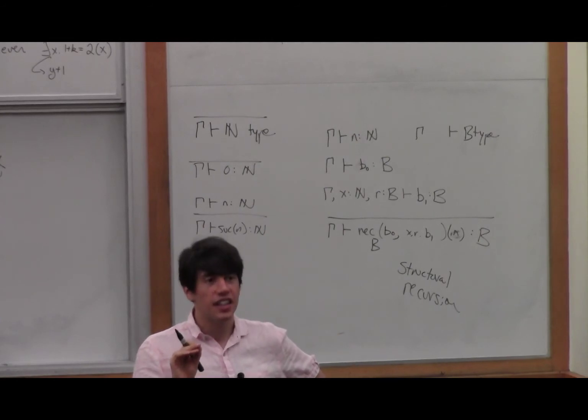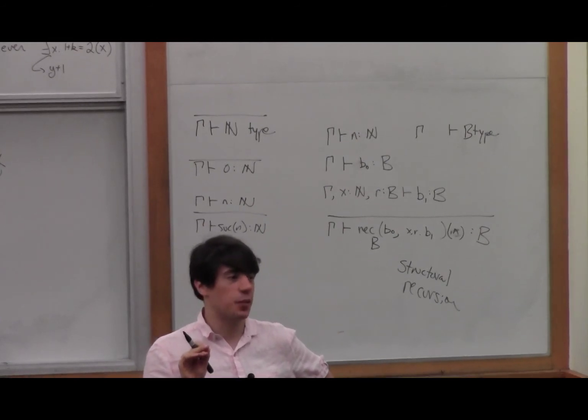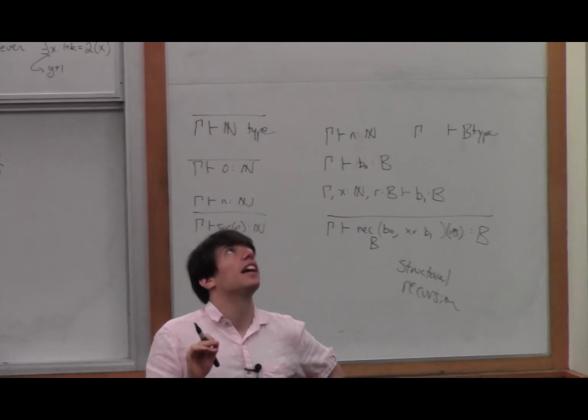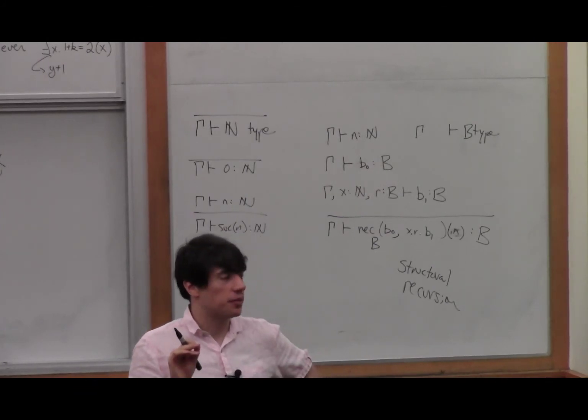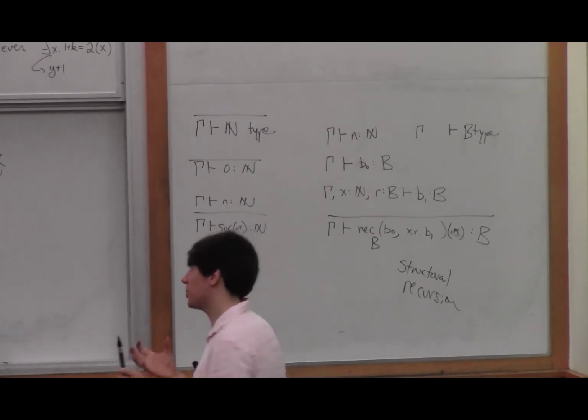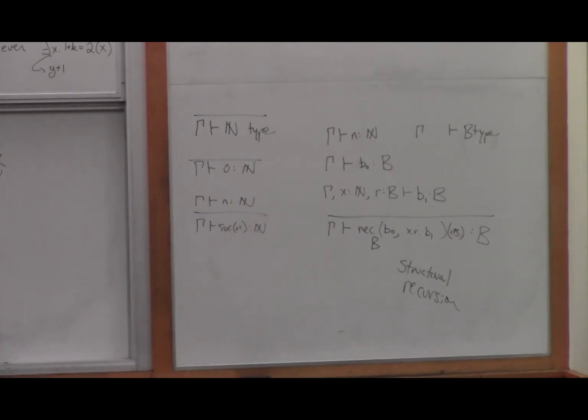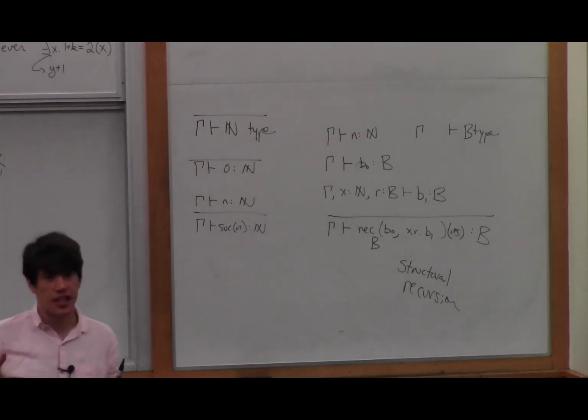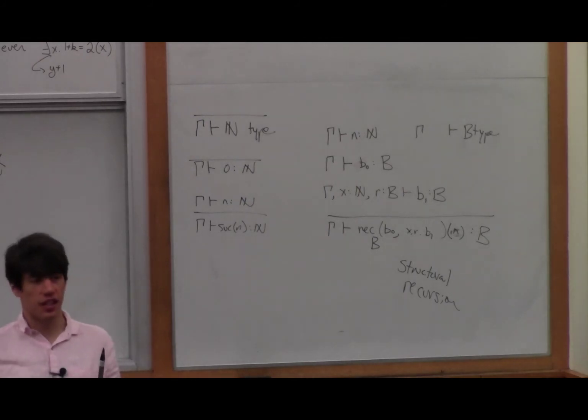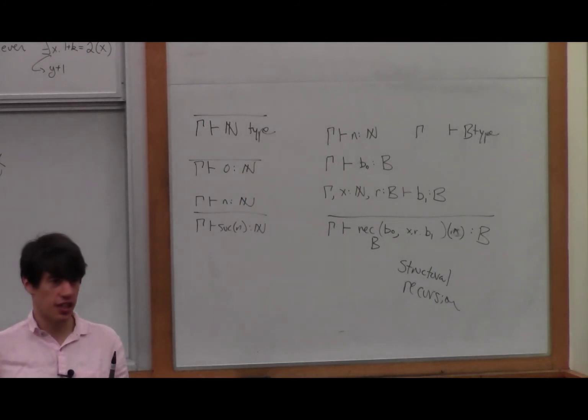Depends what you mean. So if we want types to be proofs of propositions, like we were gunning for on that board, then we don't want recursive types in their full generality, because we saw yesterday that recursive types in their full generality give you general recursion.